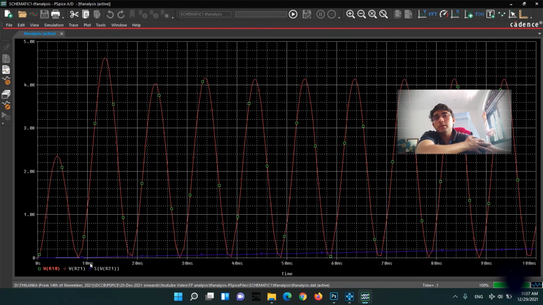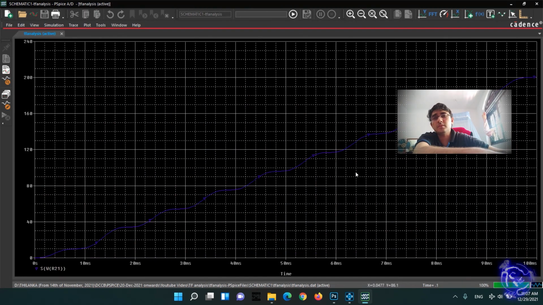Small time. Energy means power times time. Here you can see the energy is increasing gradually. When the time is 100 milliseconds, the energy dissipated across the resistor is 200 joules.